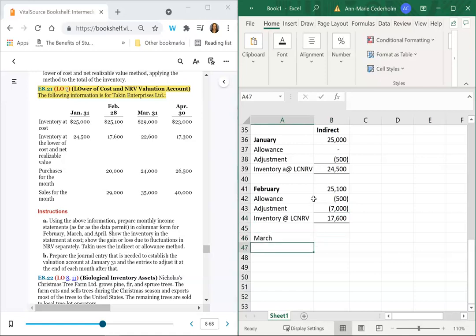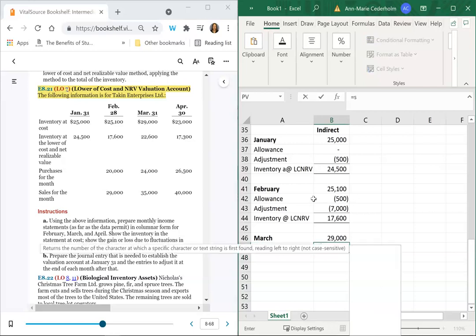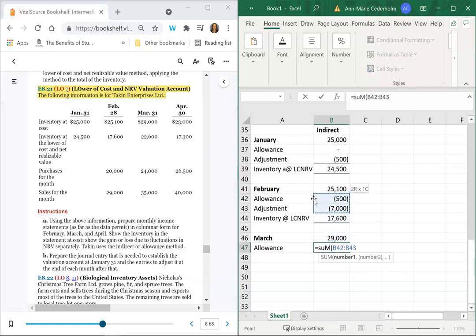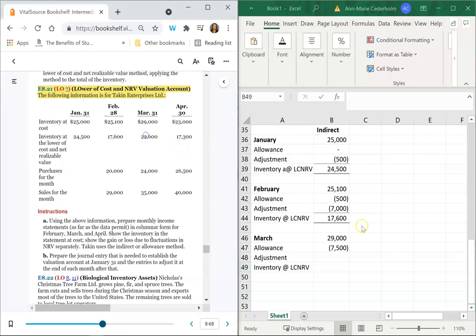Now in March, we'll do the same. So my inventory at cost is $29,000. My allowance is basically the opening allowance and the adjustments from the previous month. And then I don't know what my adjustment is going to be yet. And then my inventory at lower of cost and net realizable value is going to be, it looks like, $22,600.